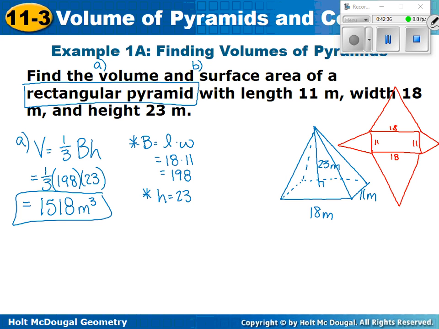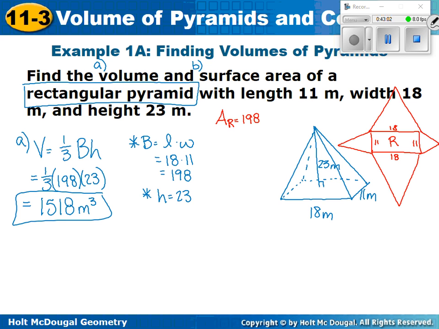Is the slant height going to be the same for all 4 triangles? No. So that's the hard part, okay? So let's start with the easy part. Let's find the area of this rectangle in the middle. Area of the rectangle, we already did, didn't we? Length times width, 18 times 11, 198. Are we okay with that?